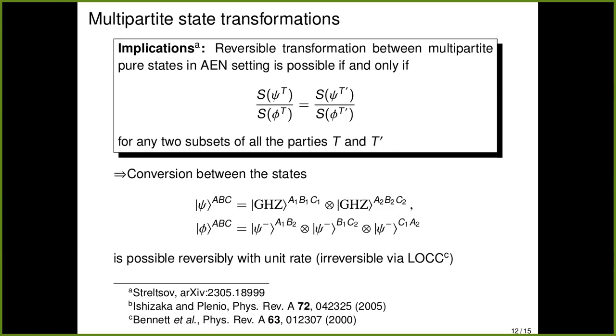Another interesting case is if you have 2 copies of GHZ and 3 copies of a singlet, then it was also noticed quite some decades ago that via LOCC you cannot reversibly interconvert them, but in this setting you can.